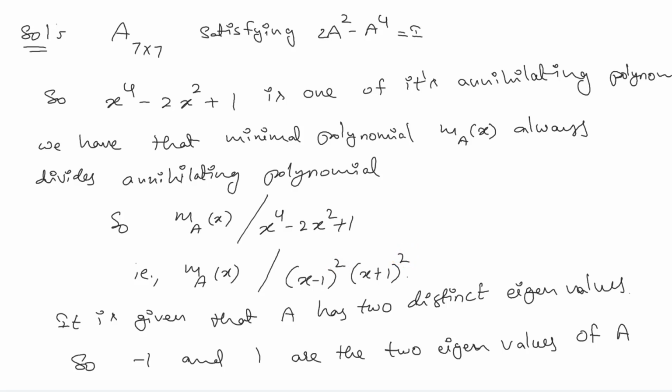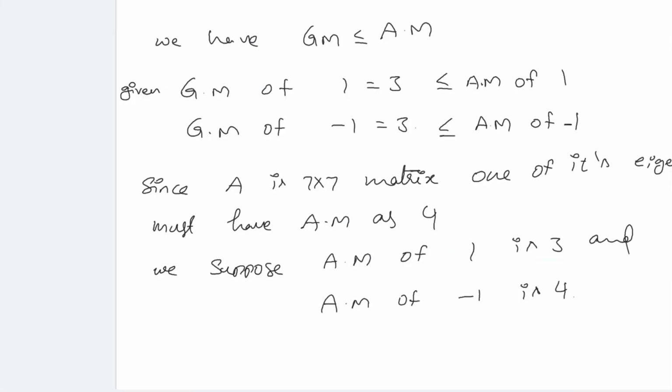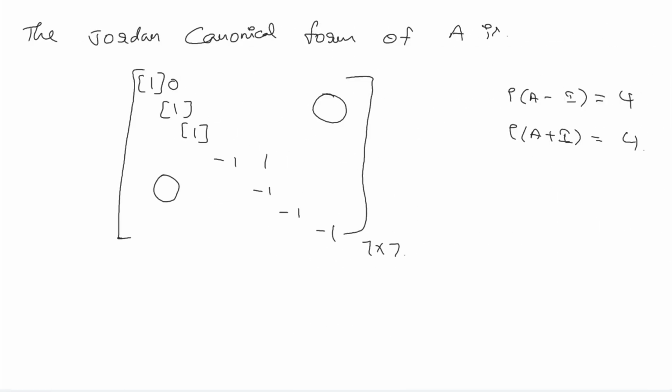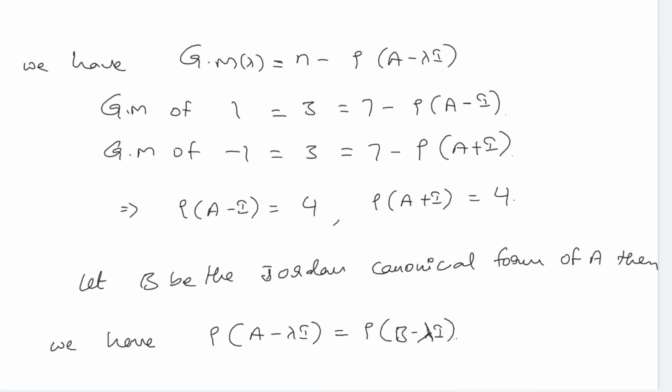That means the Jordan block corresponding to each eigenvalue in the Jordan canonical form cannot be more than order 2. So if we check up to order 2, it is enough.